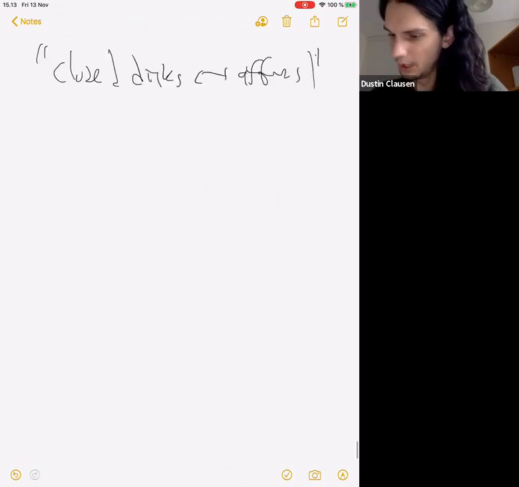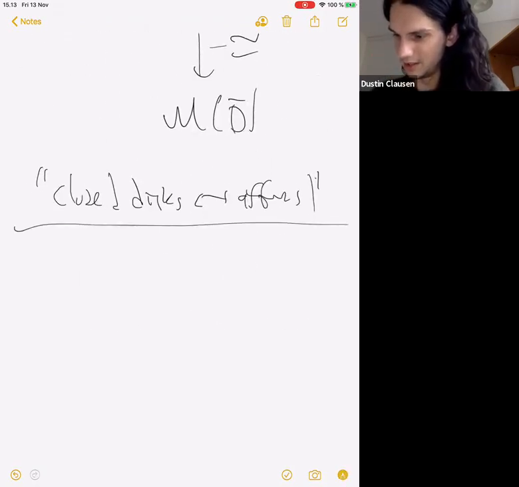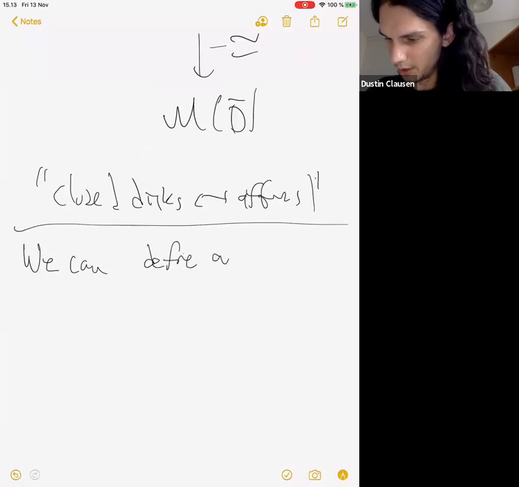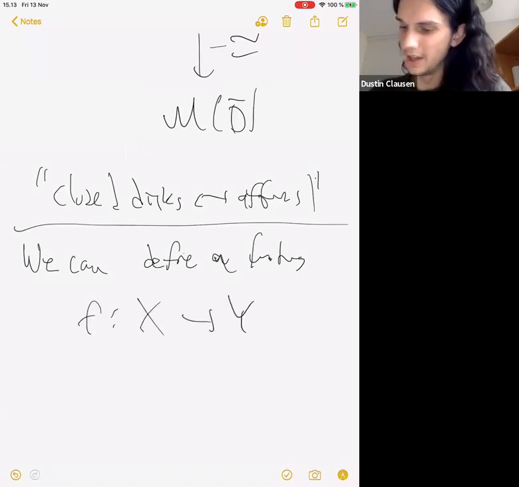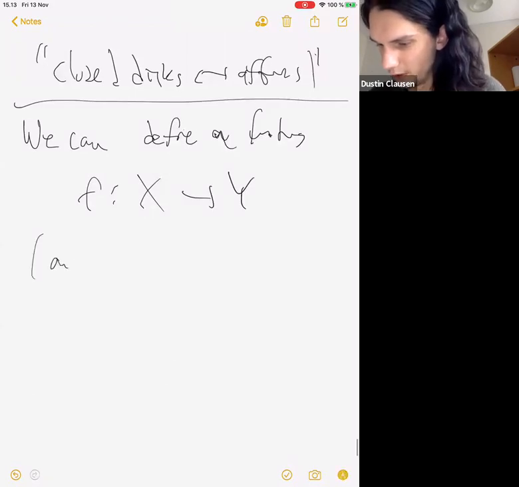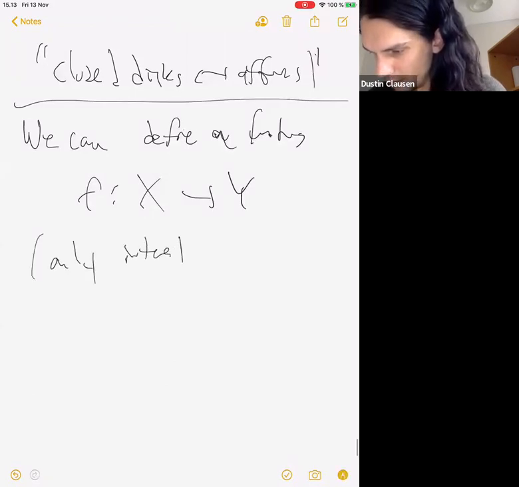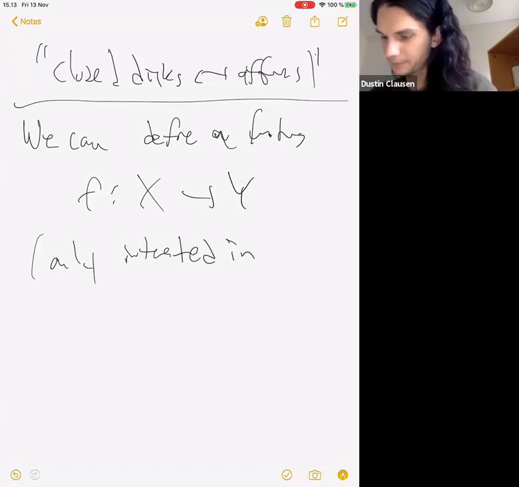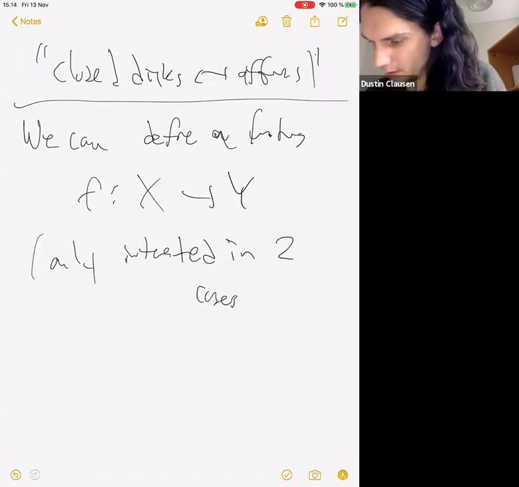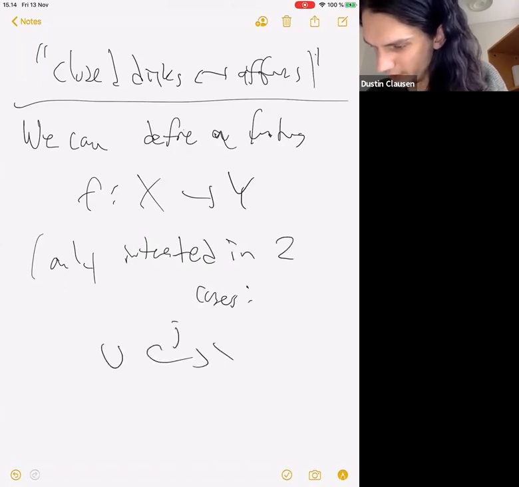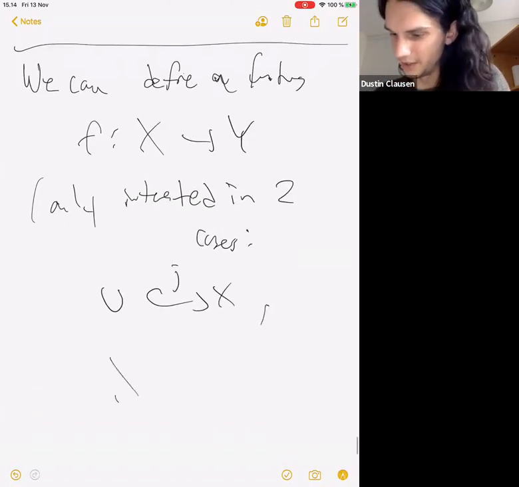Okay. So now we can define functors. For a map f from X to Y, we'll actually only be interested in two cases. One is an inclusion of an open subset of X, and the other is projection from X to a point.